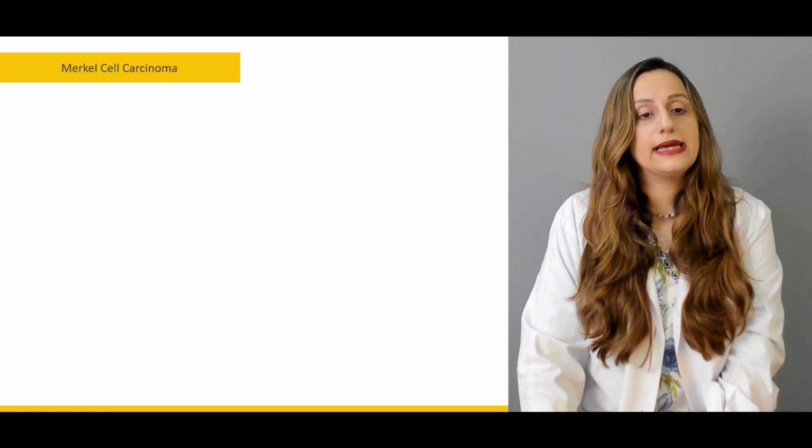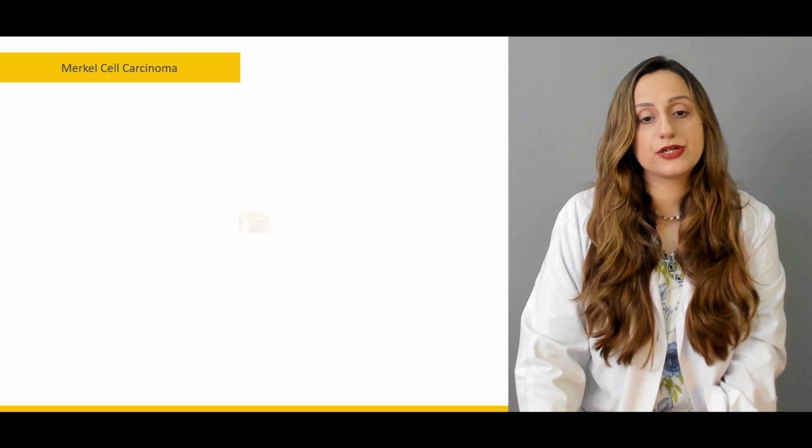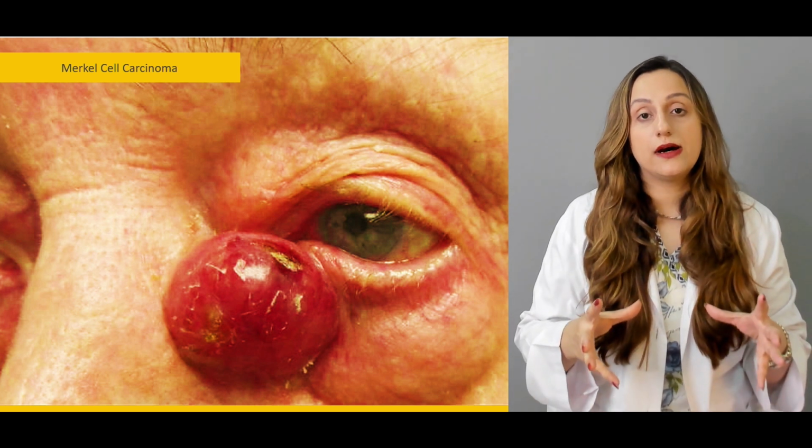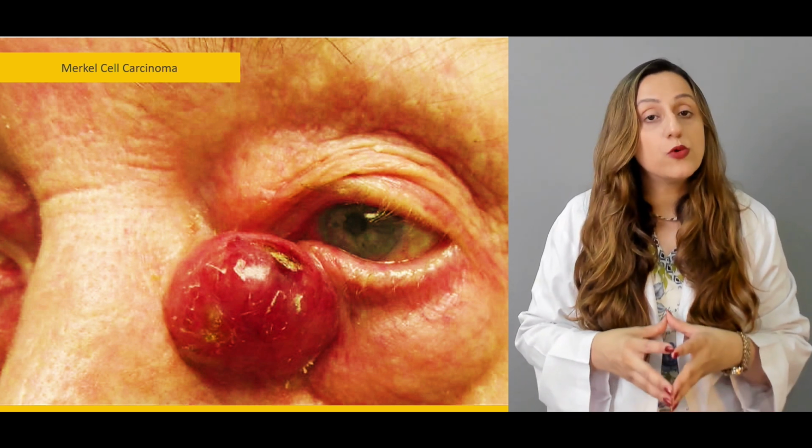Then on the other hand, we have the Merkel cell carcinomas. Whenever we look at these Merkel cell carcinomas, they have a lot of the mechanical effects. They're usually these big nodules that are present, the reddish bluish structures, and they are also known as the neuroendocrine carcinomas as well.